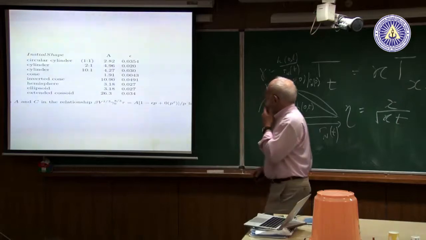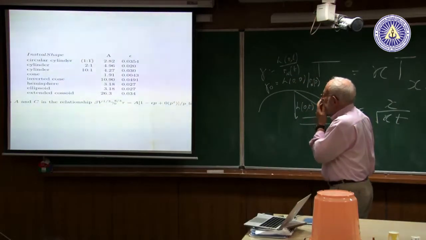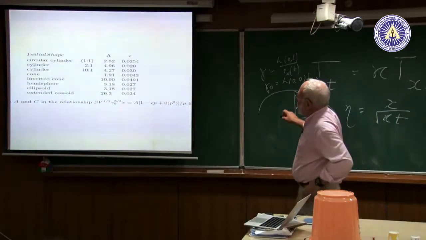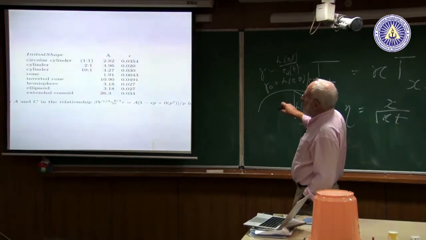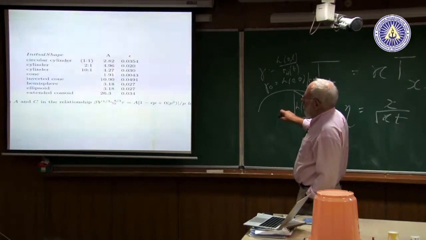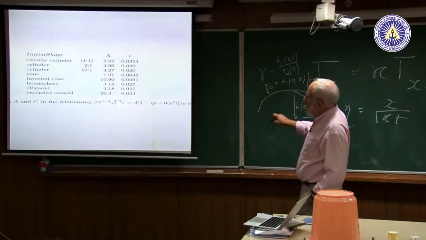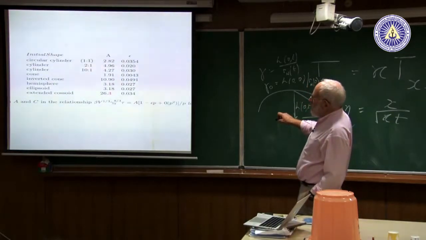Now here's some values of A and epsilon in this relationship. Let's start with the circular cylinder. A is about 3 almost. Very small epsilon. Let's look at the extended cossoid. The A is 26.3.